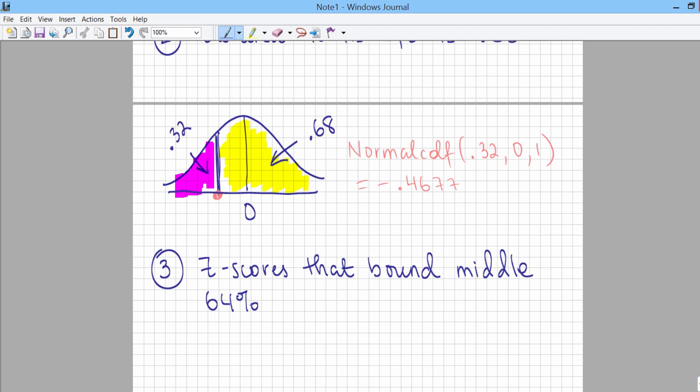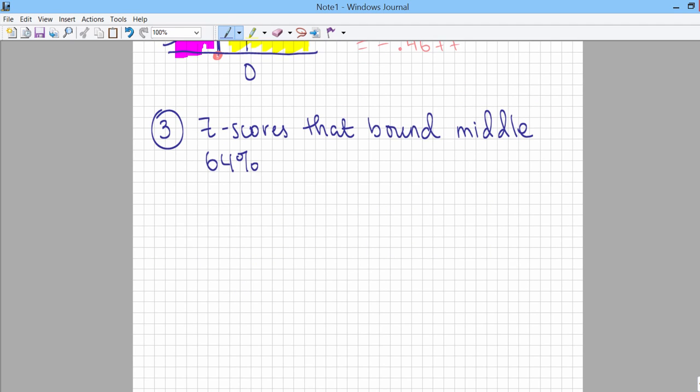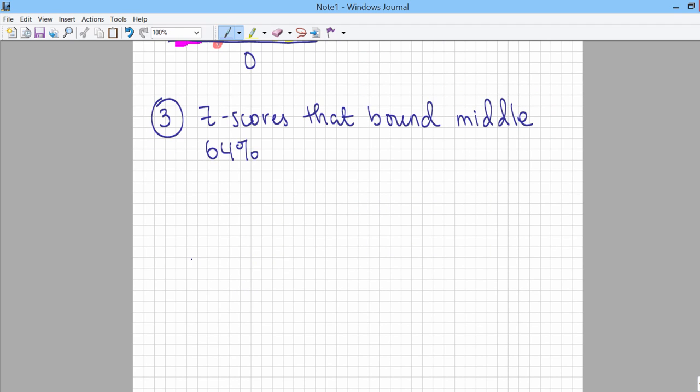Okay, how do we do this? This one is the only one that's a little tricky, but once you get the idea, it's kind of easy. Okay, so middle 64%, what does that mean?